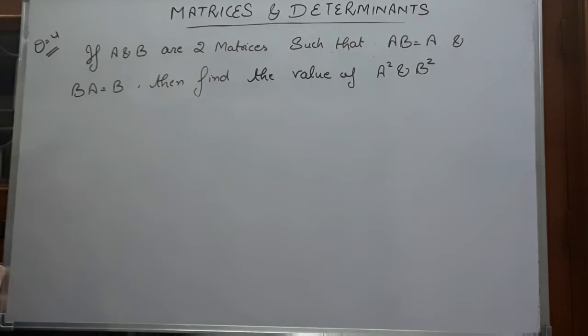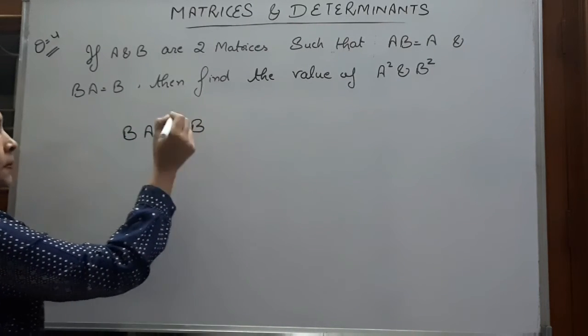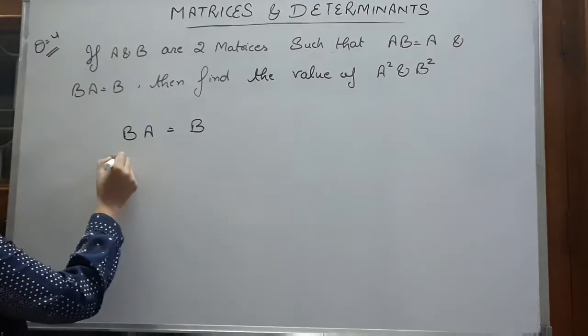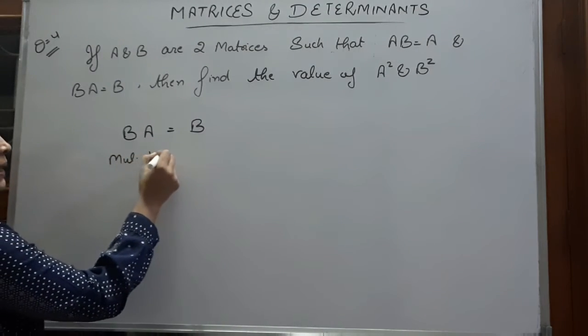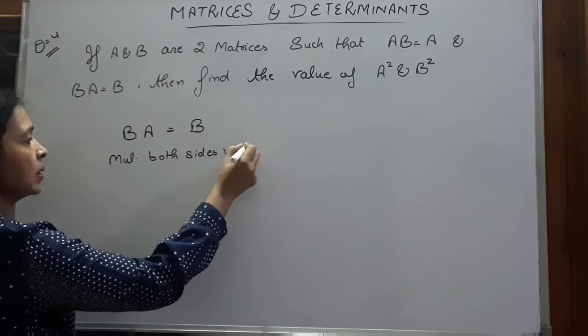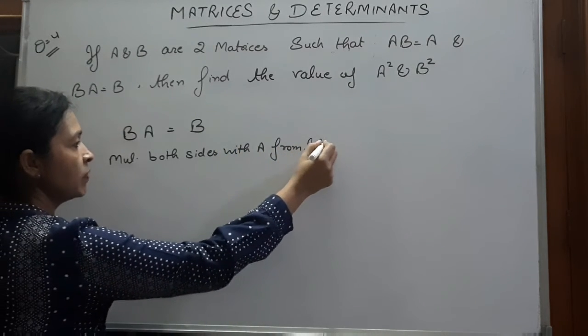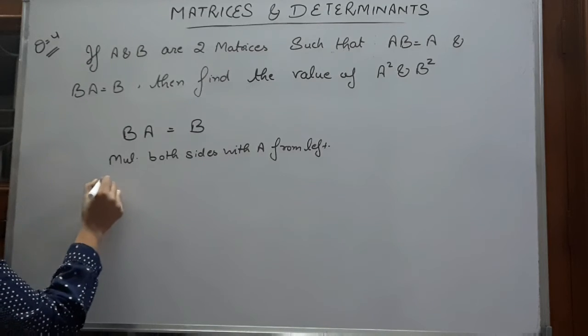If A and B are two matrices such that AB equals A and BA equals B, we have to find the value of A square and B square. Let's first take BA equals B. Multiply both sides with A from the left.